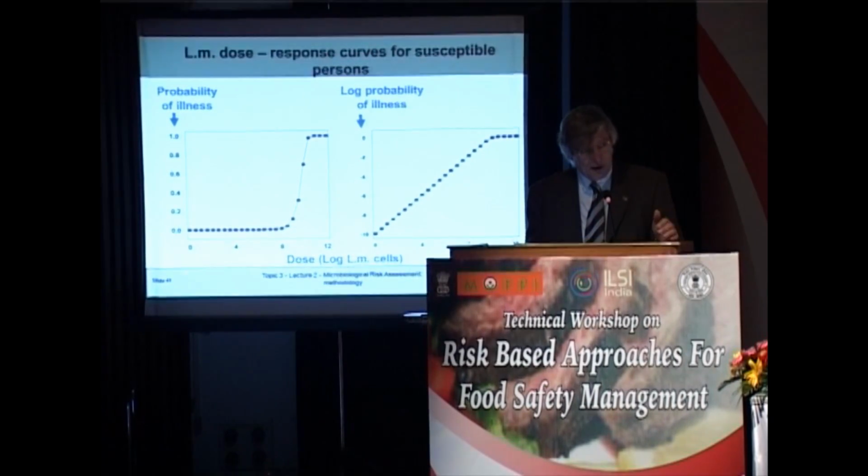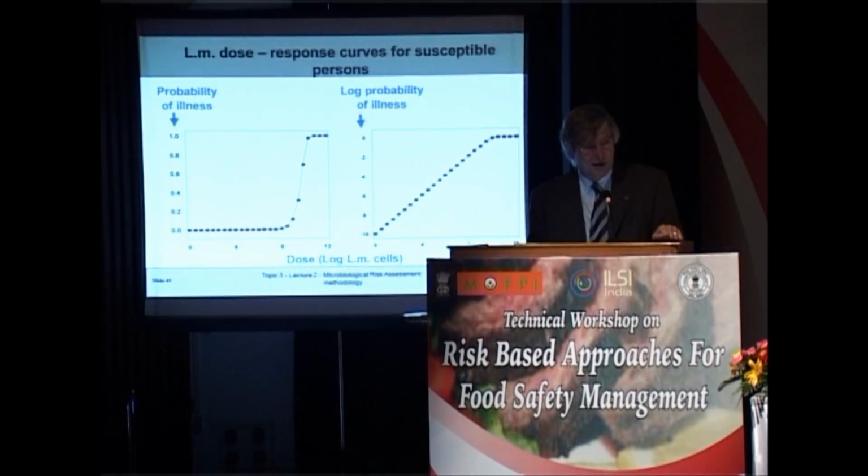When we are able to quantify the hazard in terms of a dose and the response of the consumer, so the hazard dose exerts a response in the consumer, we often try to picture that, put that into a graph. On the right, if you put it in a log scale, you could see a straight line.